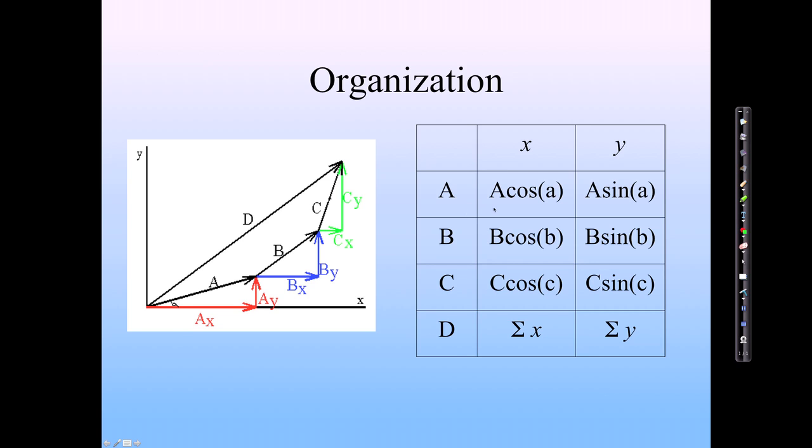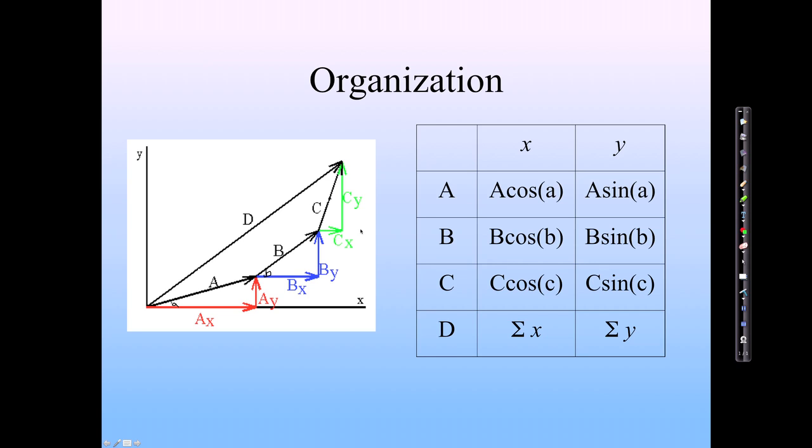And AX is equal to the length of the vector A multiplied by the cos of small a. And if we define a vector B, an angle b, then the x component of B is equal to the length of the vector B times the cos of little b, and the y component of B is equal to the length of the vector B times the sine of small b.